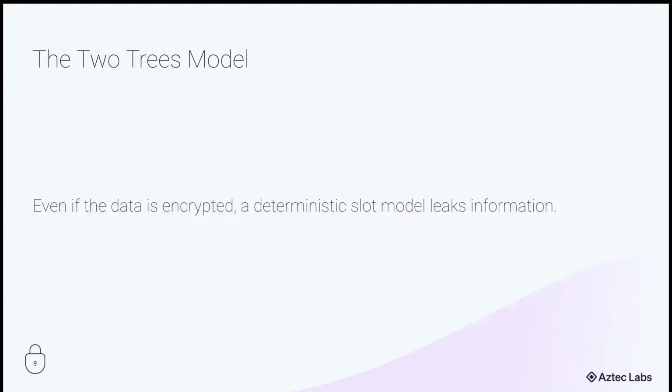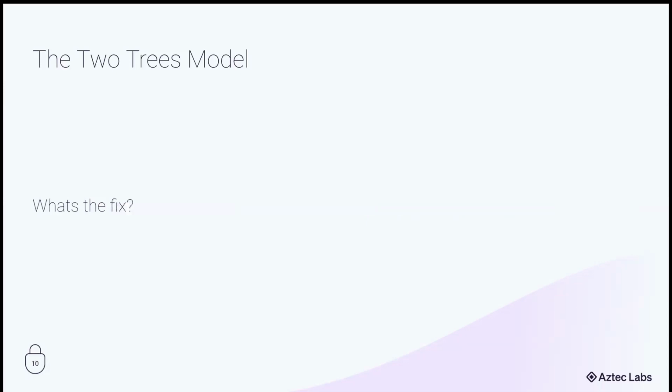So yeah, this was just what I mentioned. Even if data is encrypted, if it's deterministic what the slots are, you can still figure out some information about the recipients and the guys that are using the system. So the fix, a bit of a spoiler, is introducing these two trees. So what if we have our state tree, but whenever we're doing an update to a specific slot, we never write to that slot again?